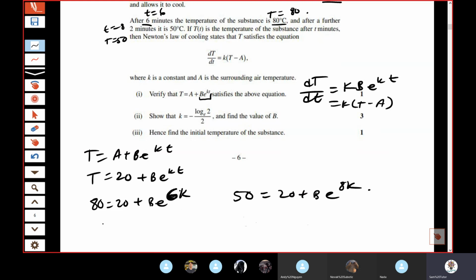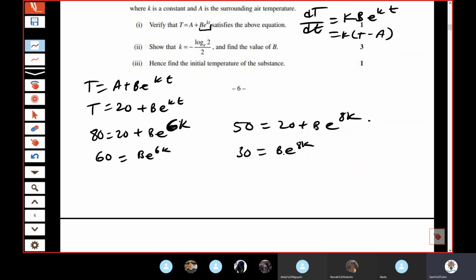So 80 take away 20 is 60. 50 take away 20 is 30. Make B the subject. Sub B into here.